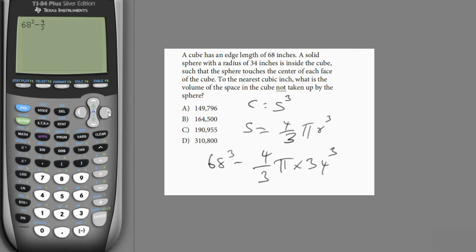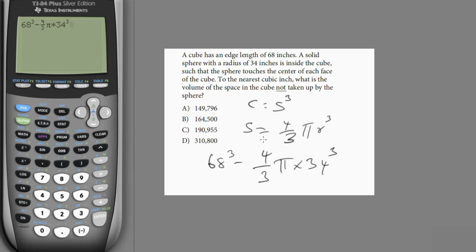Then we have pi. To bring up pi on this calculator, we press second and this button, times 34 cubed, press 3, come down. So this is what we have here for the solution represented on the calculator.